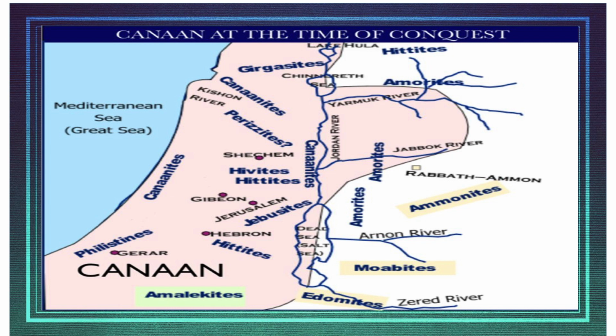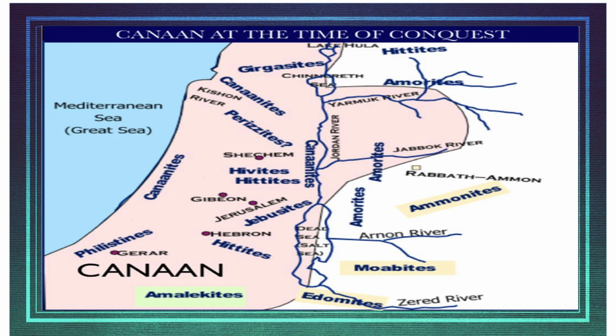Of course, we know Naaman speaks of the Arnon River, Damascus and all those rivers. Ammonites, we have the Jabbok River, the Amorites, the area around the Jabbok River, Amorites to the north, the Hittites, that gets the east side.